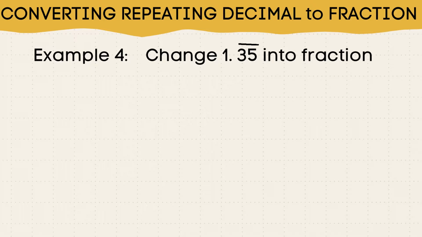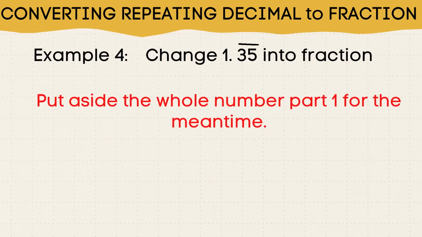Change 1.35 bar, or 1.35353535, into a fraction. Again, we have a repeating decimal. Now, take a look. How many digits are repeated, or how many digits are there in our decimal part? As you can see, we have the bar sign, which means that the number is repeated.